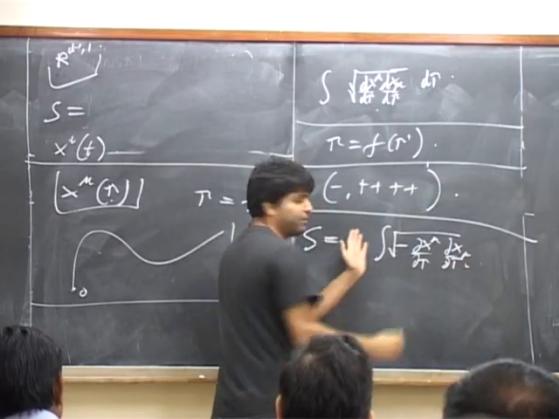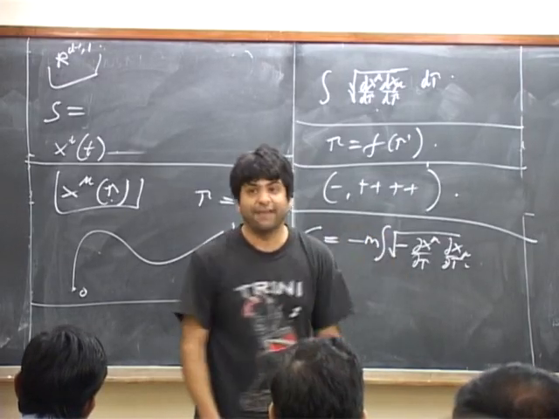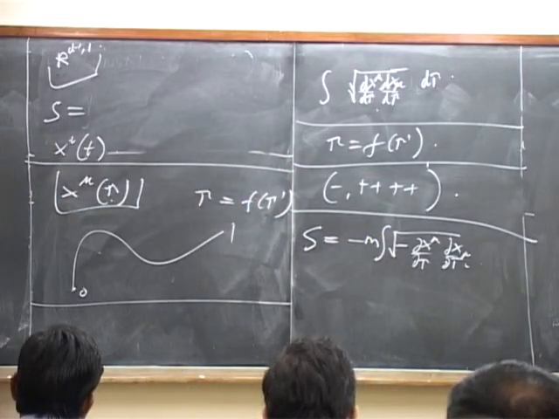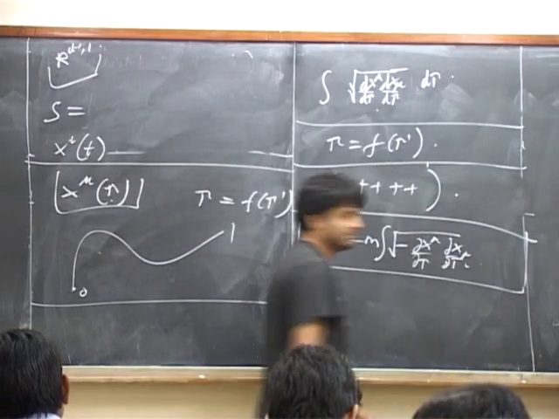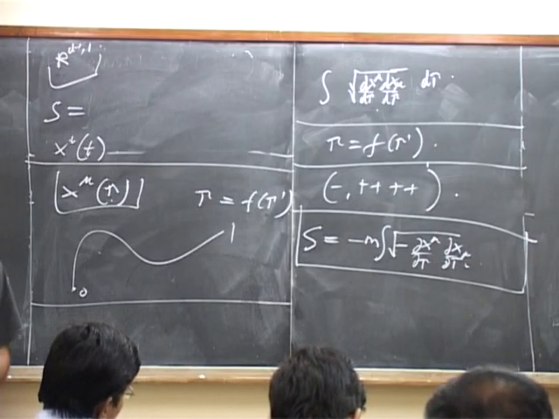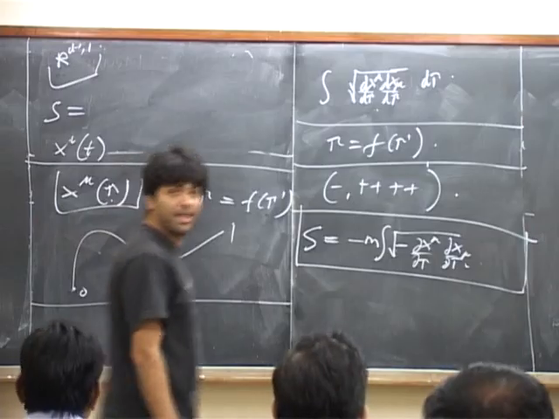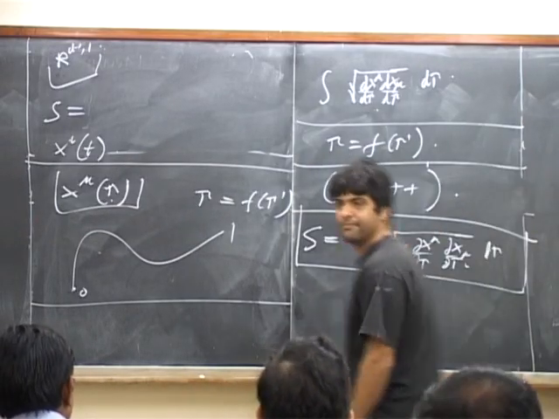And now we can put any constant we want in front of this action, that doesn't change anything. It will turn out to be useful to have a negative constant, as we will see in a moment. So this is the action that we're going to start with: the action for the motion of a relativistic scalar particle. And of course there's a square root over the whole thing.